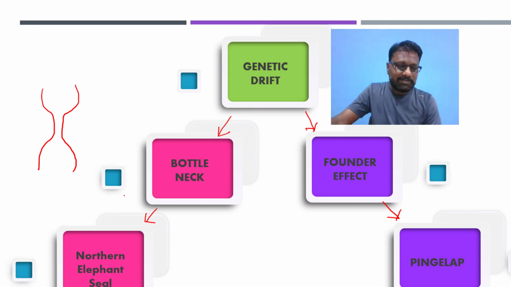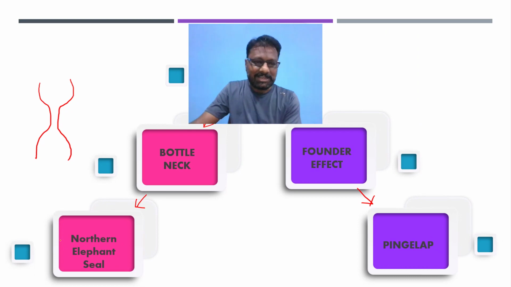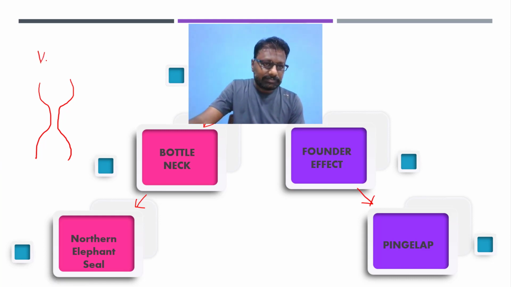A very good example for the bottleneck phenomenon is the northern elephant seal. Initially the population may have been very high, but due to adverse conditions or human activities, the northern elephant seal was brought to the verge of extinction.